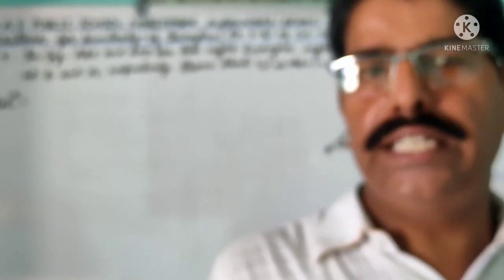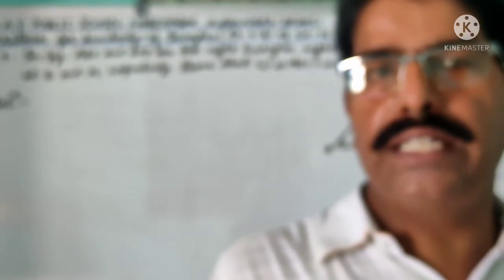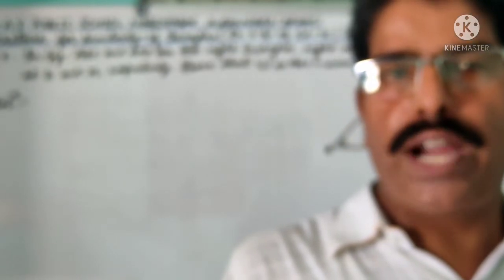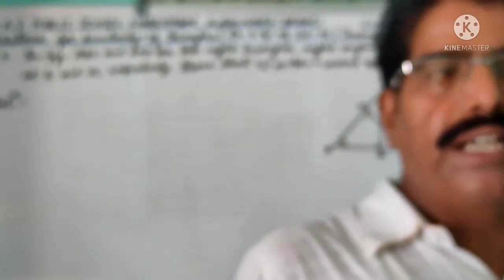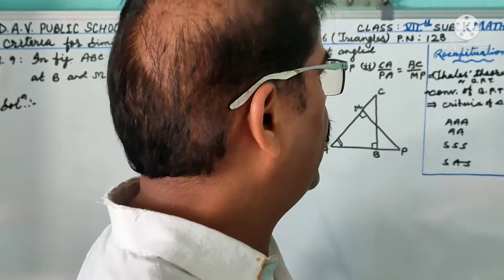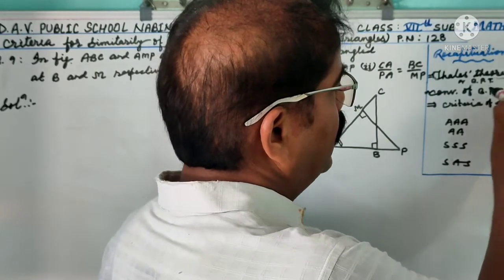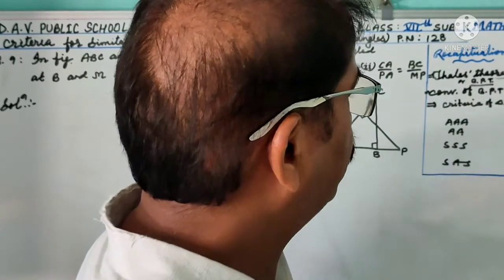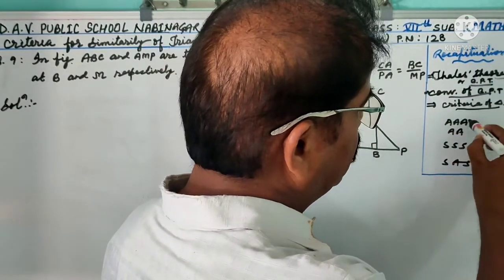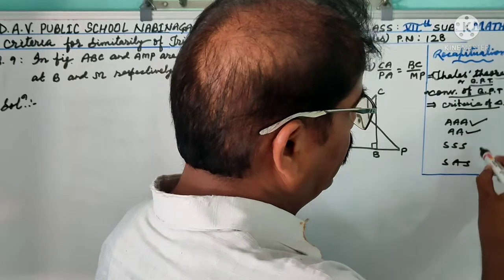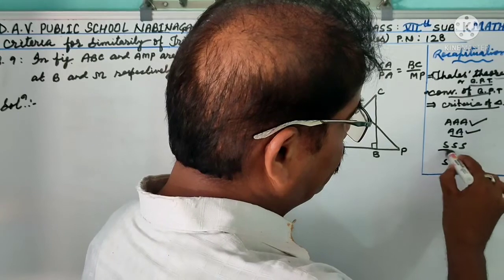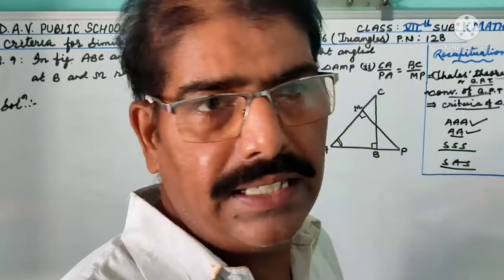Firstly, let's quickly recap what we have done in the previous class. Dear students, some of the important points related to this chapter explained in the previous class are Thales theorem, BPT (basic proportionality theorem), converse of BPT, and the criteria of similarity of triangles: angle-angle, corollary of AA, side-side-side, and side-angle-side.